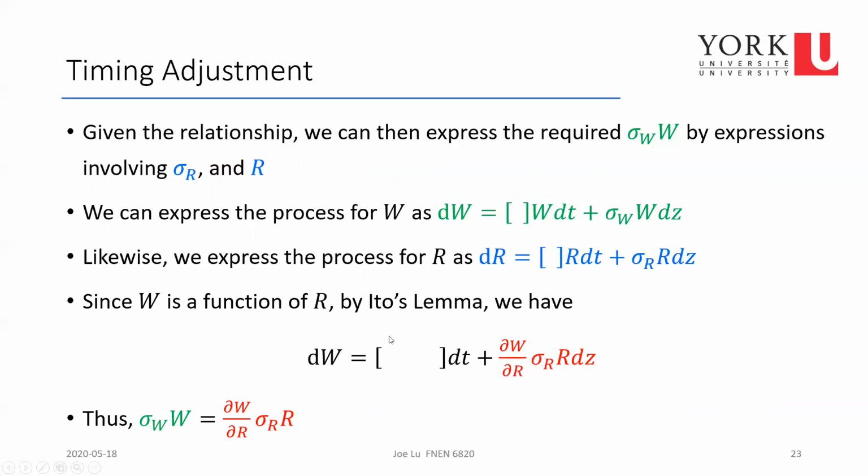Because when we use Ito's lemma, we don't really have to calculate the drift term, because what we're interested in is really the volatility term here. So having done that, the volatility term expressed in terms of R and sigma R is this. And this must be the volatility term for dW, which is this. So sigma W times W is equal to the partial derivative here times sigma R times R.